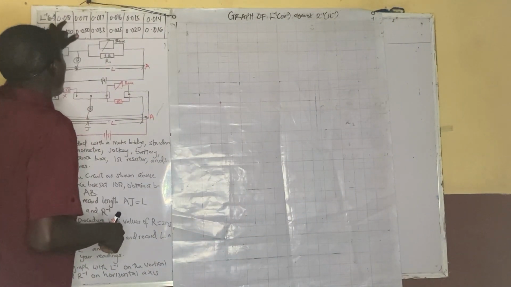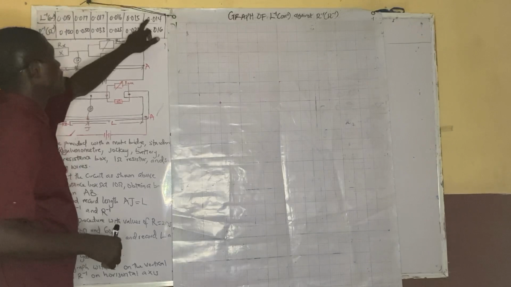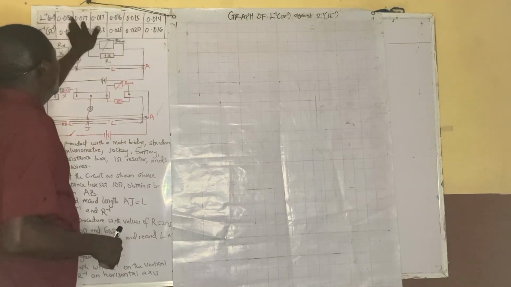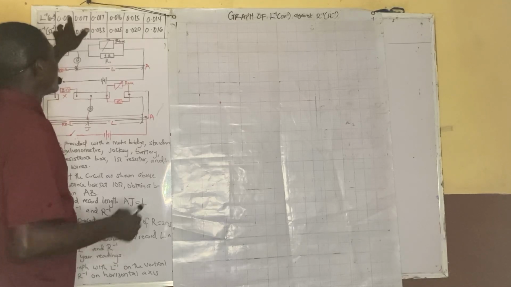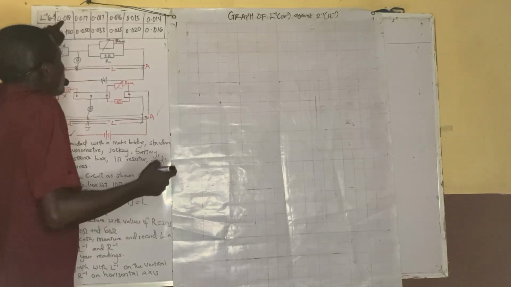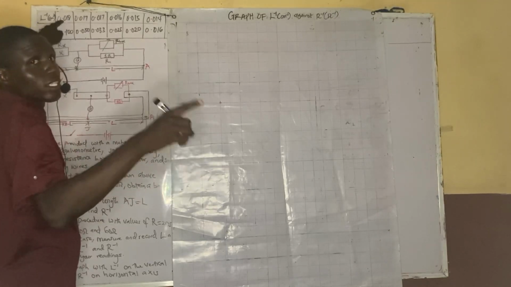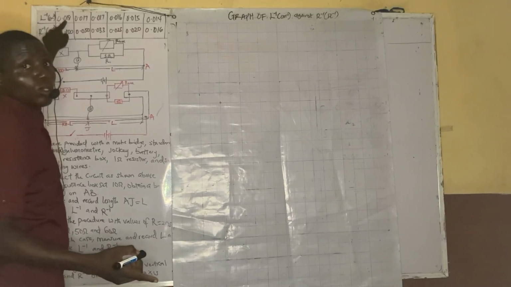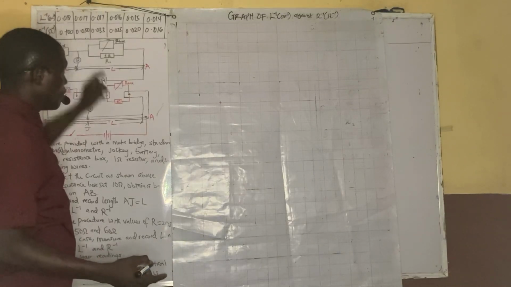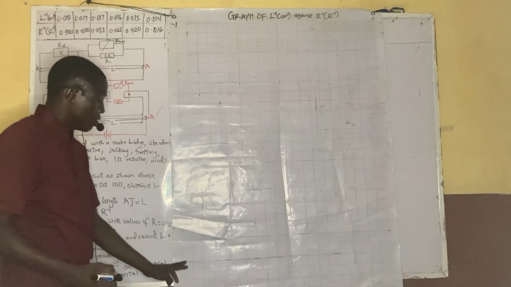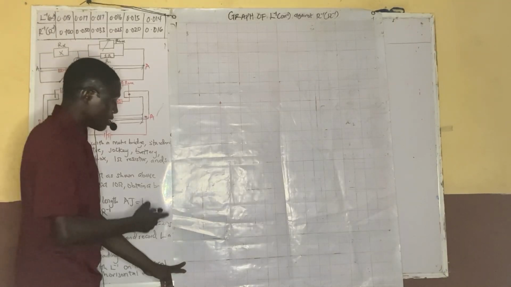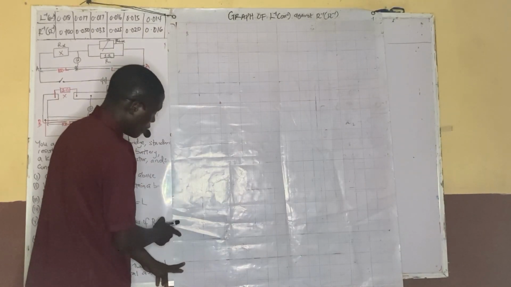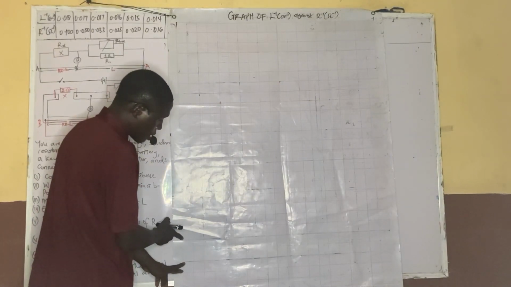How will I choose my scale? Well, 0.018 as the highest value and 0.014 as the lowest value here. So if you think of using 0.002 times 10, this will give you 0.02, and this one is 0.018, so it's very close to 0.02. So if we count from here, you are going to have 10 boxes on the vertical axis. I'm talking about 2 centimeter box.